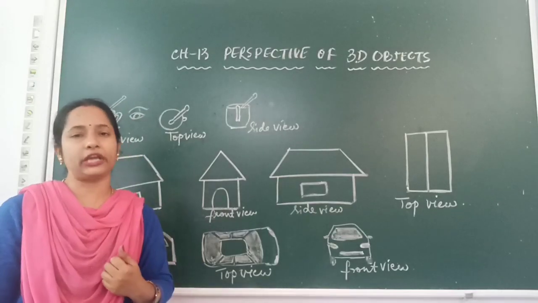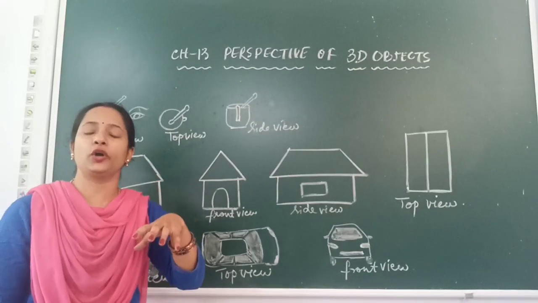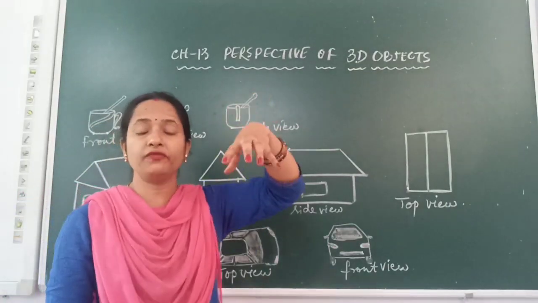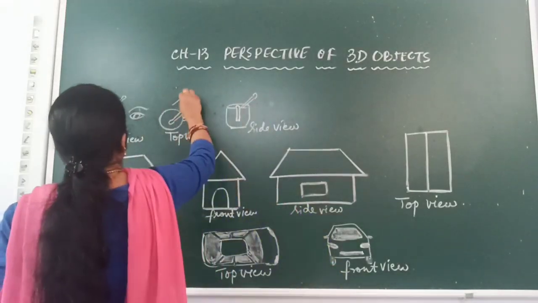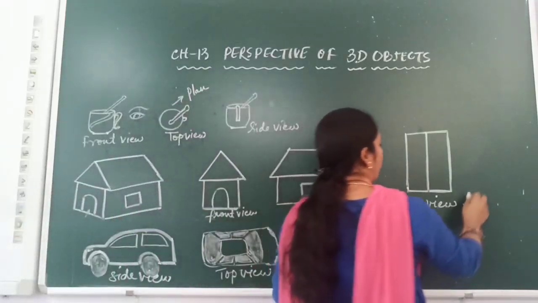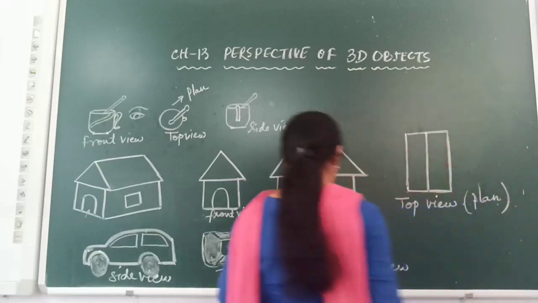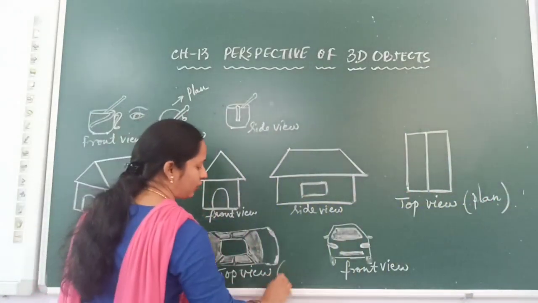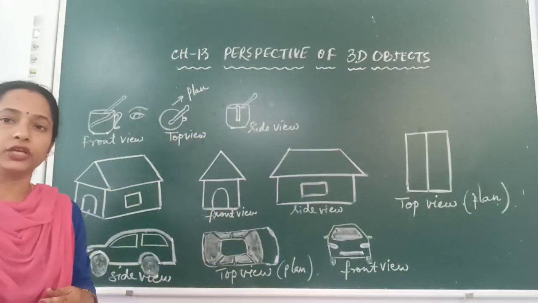So one more point I would like to add here, that is the top view of any object is also called the plan. If somebody asks you, what is the plan of the figure? Then the top view will be called the plan of that particular 3D object. Okay?